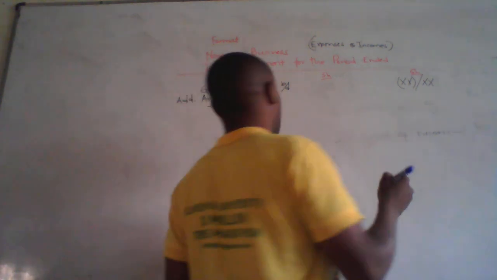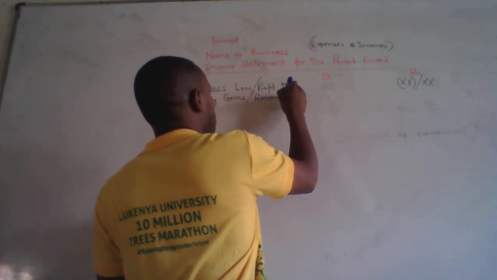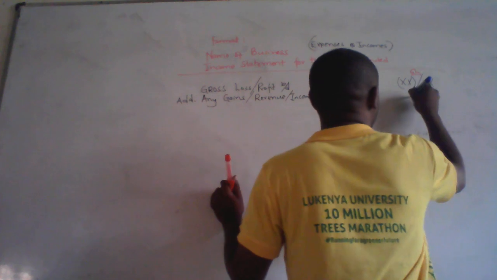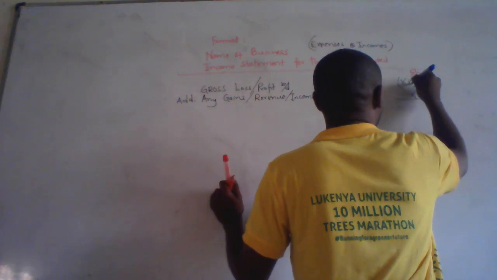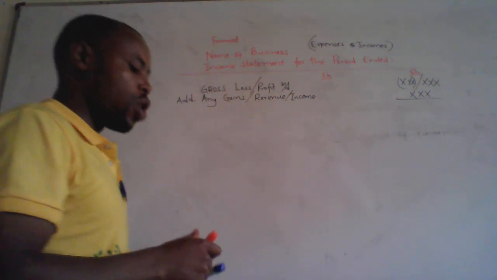So any gains that you get, or any revenue, or you can call them incomes. When you add any revenue or income to this, you arrive at what you now call the gross income or total income.